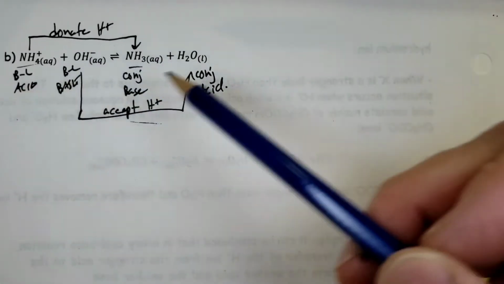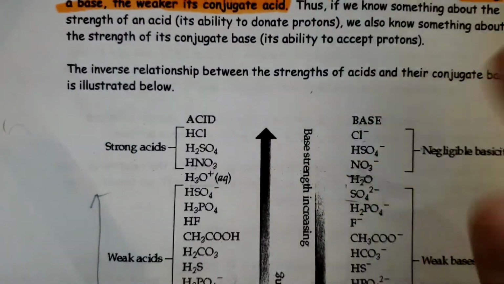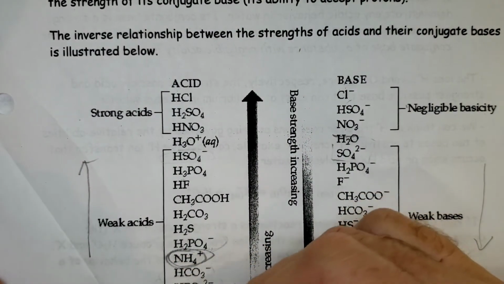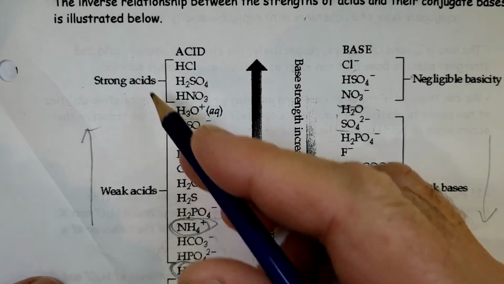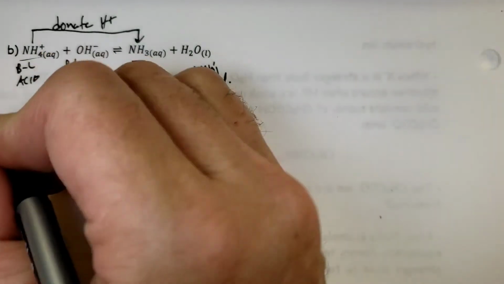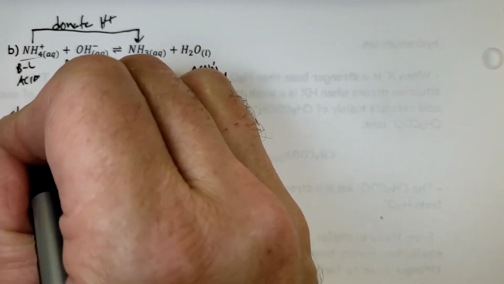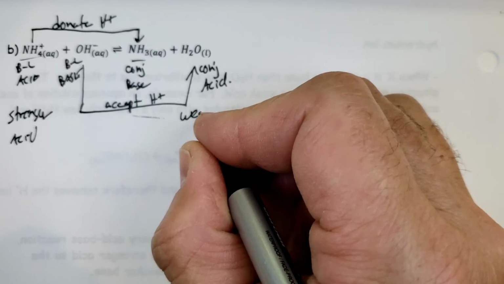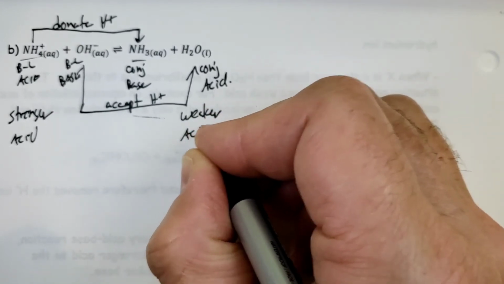All right, so now looking up on the chart, comparing the acids, NH4 to H2O. We can see that NH4 is further up the list, so it is the stronger acid, and H2O must be the weaker acid.